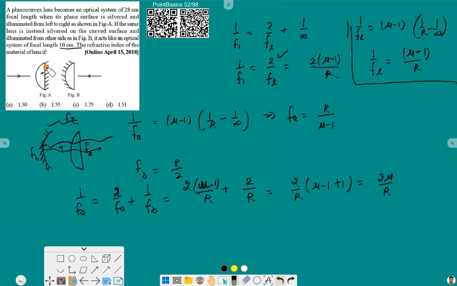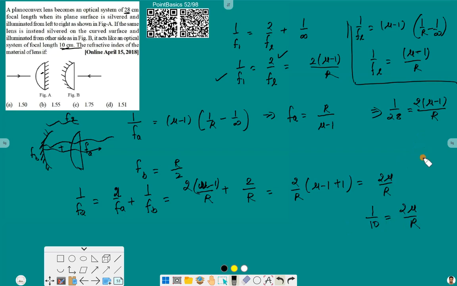So now let us move ahead. For the first one, our f1 is 28 centimeter. So 1 by 28 is equal to twice of mu minus 1 by r, and f2 is 10 centimeter. So 1 by 10 is equal to twice of mu by r. Now we can divide both of these.